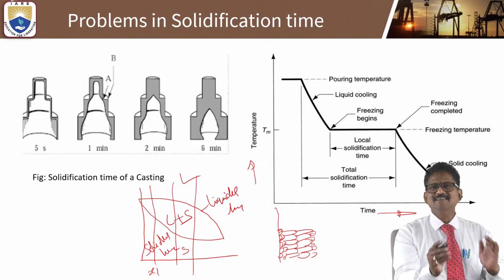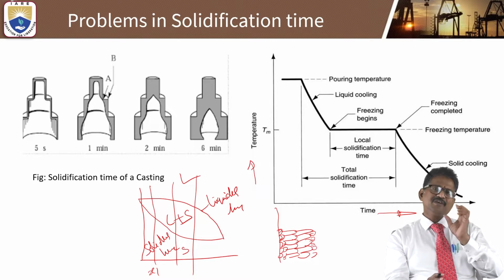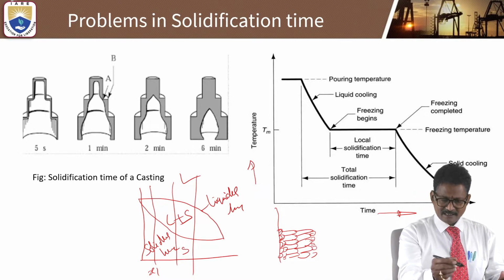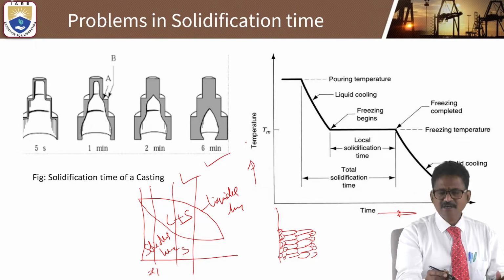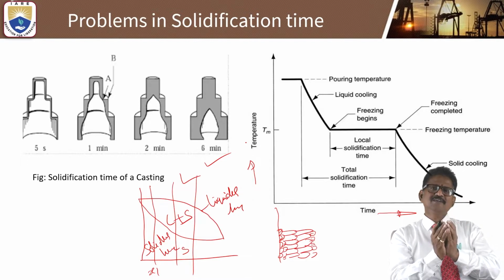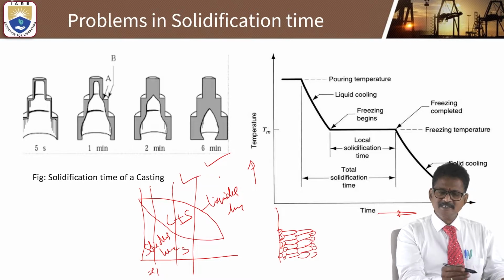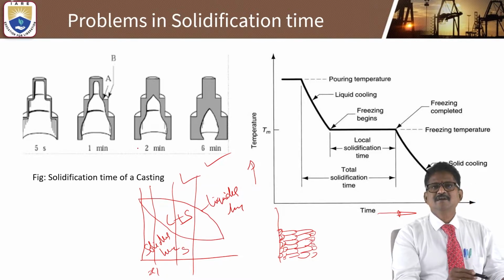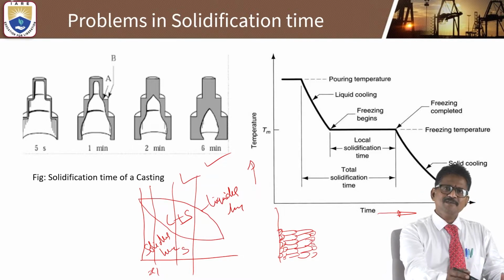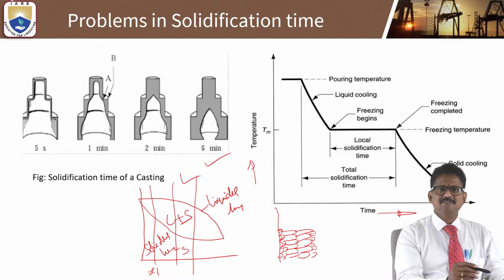There are 4 stages of the solidification time. Initially you can check what is inside the component if you give 6 minutes of solidification time. If 2 minutes is given, what about the inside? If 1 minute is given, how about this component?